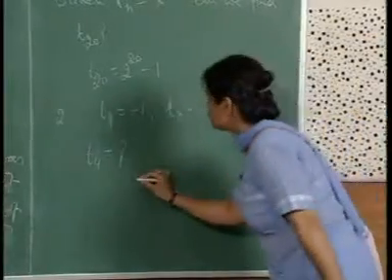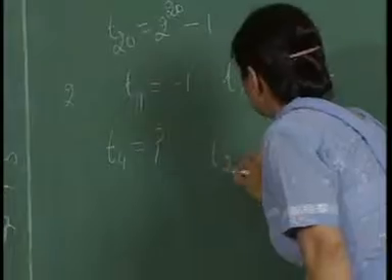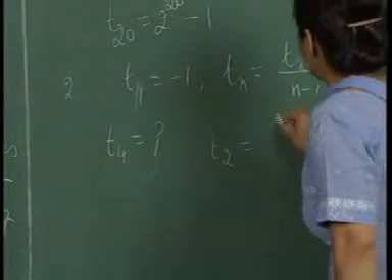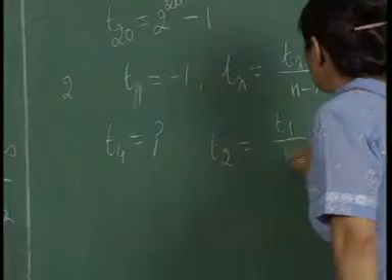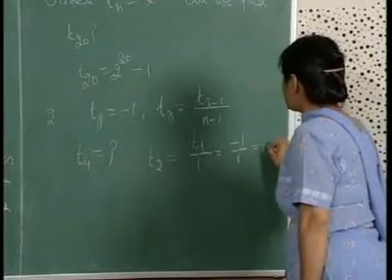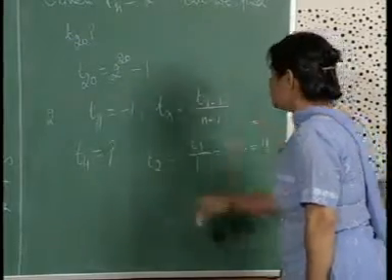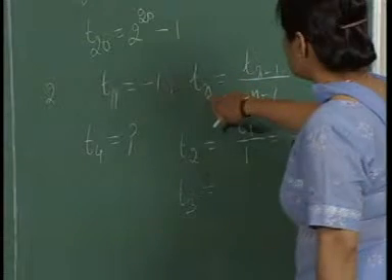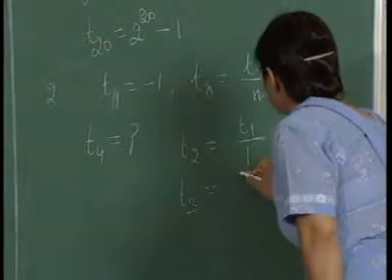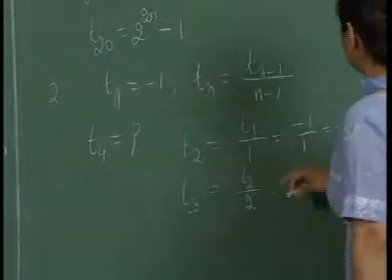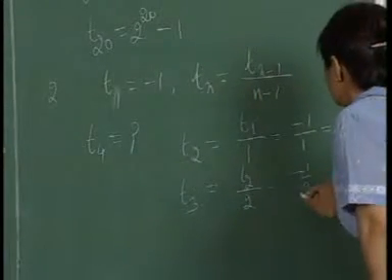So I will find T2 first, by simply putting n is equal to 2 here. So it will be T1 divided by 1, which is equal to minus 1 divided by 1, which is minus 1. Now I go to T3. I substitute the value n is equal to 3 in the formula, and I get T2 by 2, which is equal to minus 1 by 2.